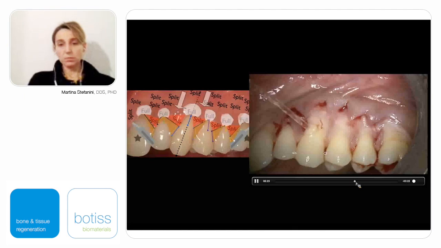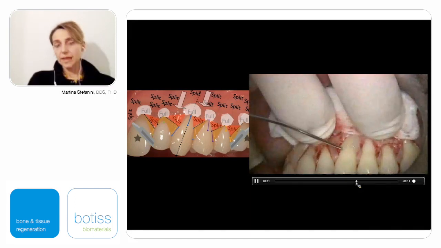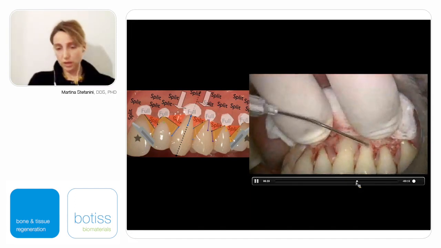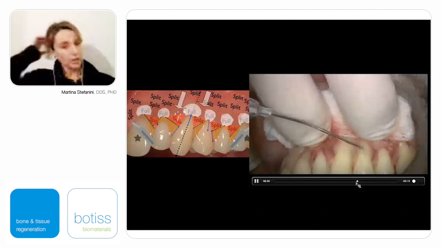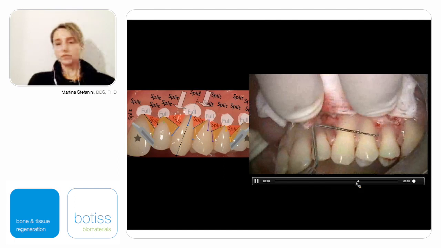After 2 minutes, we can rinse abundantly with saline, and we can apply amelogenin in order to improve the quality of the connective tissue attachment.